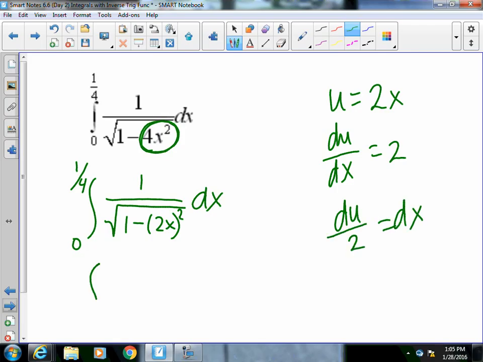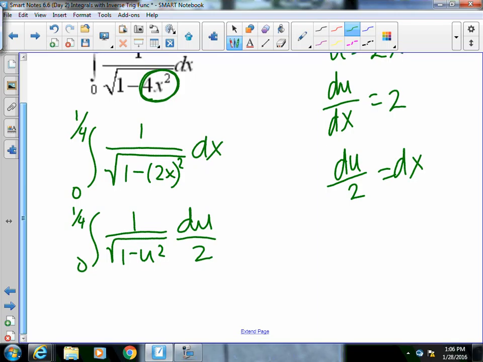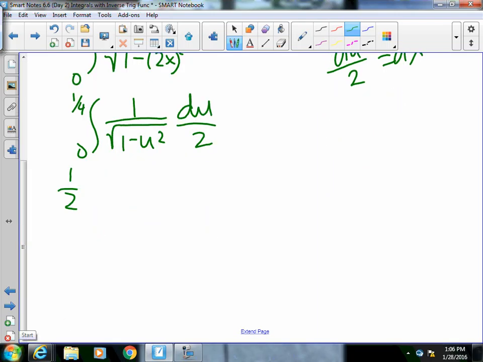And we really have the integral from 0 to 1/4 of 1 over radical 1 minus u squared du over 2. Which means I can pull that 1/2 out and have the integral from 0 to 1/4 of 1 over radical 1 minus u squared du.